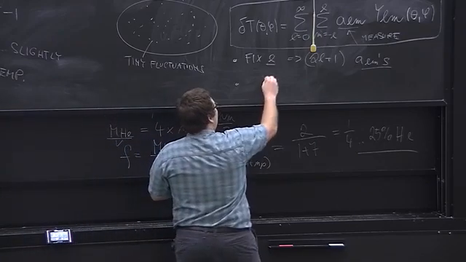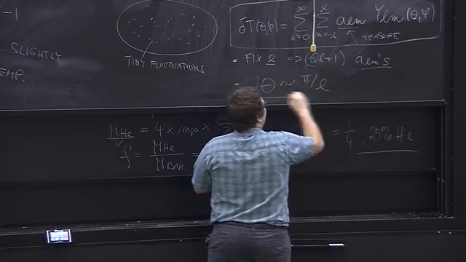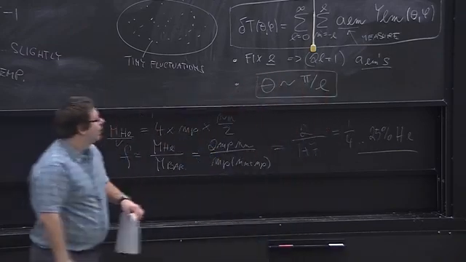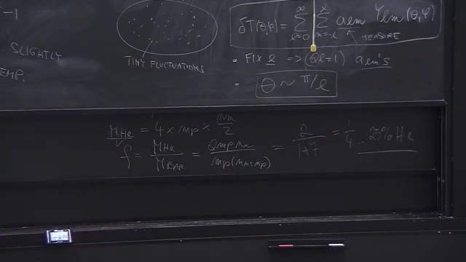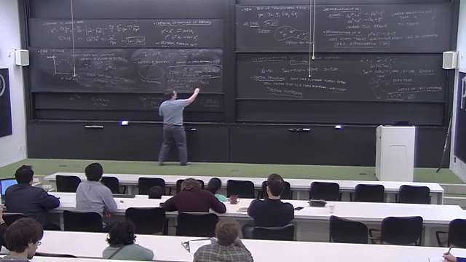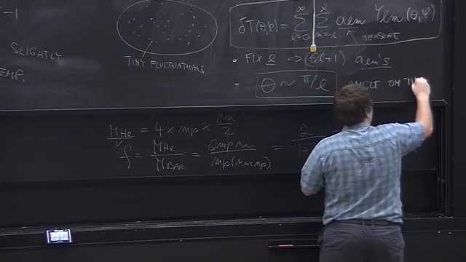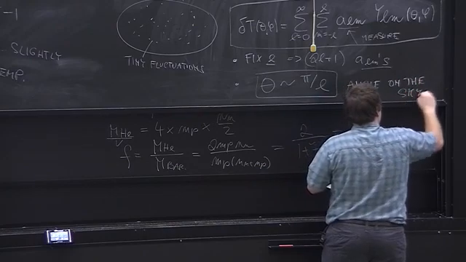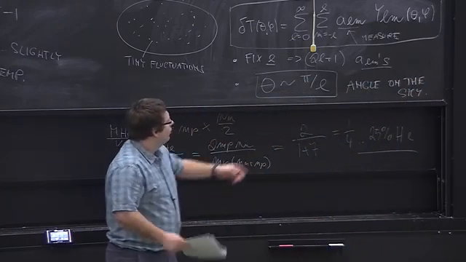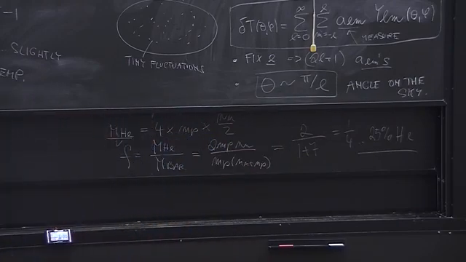And there's a beautiful formula that the angle on the sky is something like pi over L. So if I fix L at 200, then it corresponds to 1 degree on the sky. So for small L, these are huge distances. It's like huge correlations in the sky, if you want.